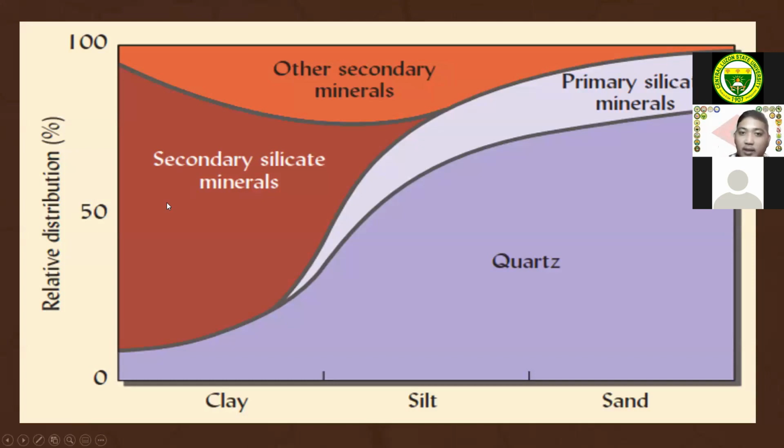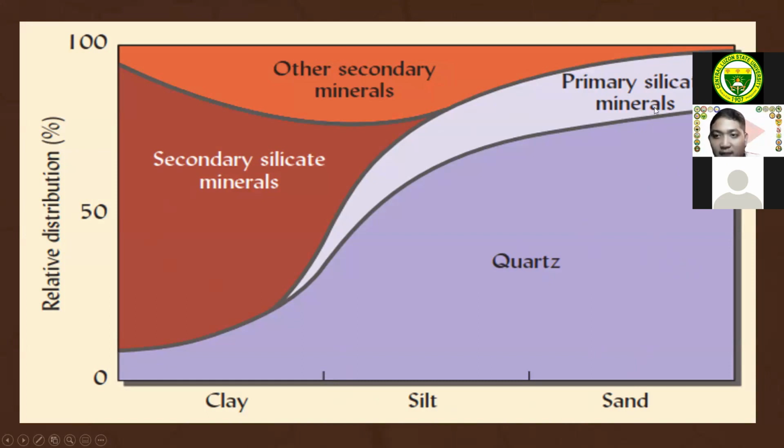So here in this figure, you can see the different minerals and their relative distribution in clay, silt, and sand. So yung sand natin, galing siya primarily sa quartz and primary silicate minerals. Ito yung mga primary minerals, yung sand natin, kasi ito yung malalaki yung particles.